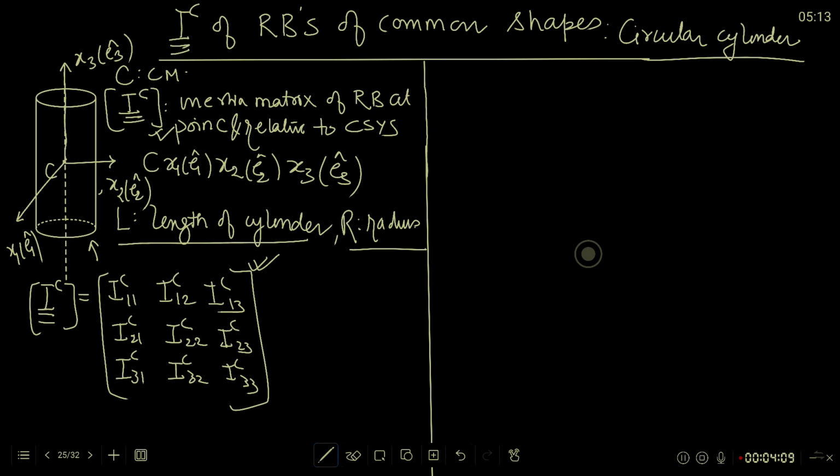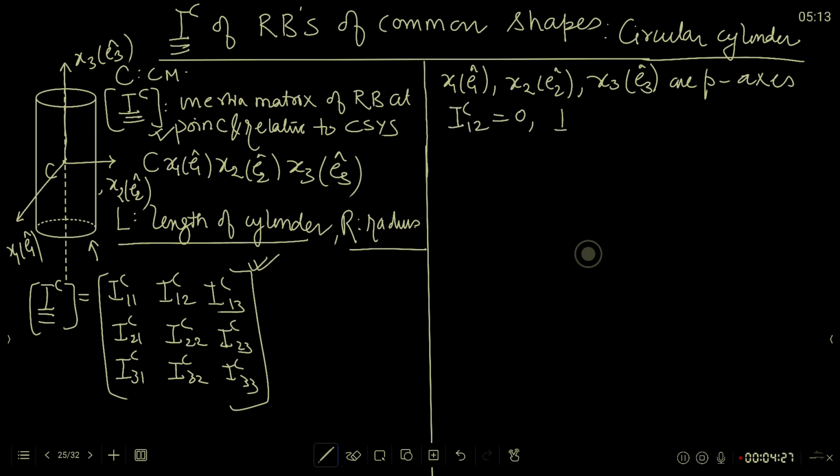And thus all these 3 axes are principal axes. All off diagonal components are 0, using planes of symmetry.